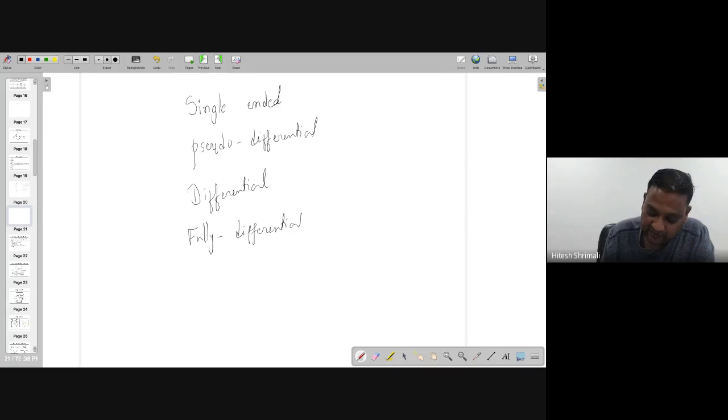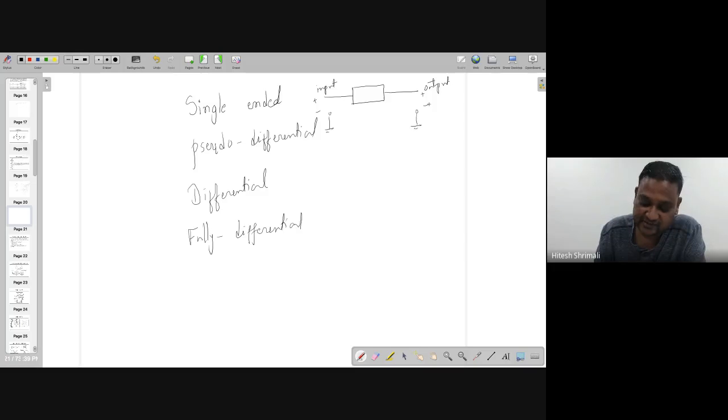To understand everything in detail, again I'm saying you should go through my other playlist on analog circuit design, where everything has been explained in detail, because these terms are more related to analog circuit design, but they will be useful here. That's why I'm defining them. Single-ended is the one with one input and one output. If there is a circuit with one input and one output, measured with respect to ground, then it's single-ended.